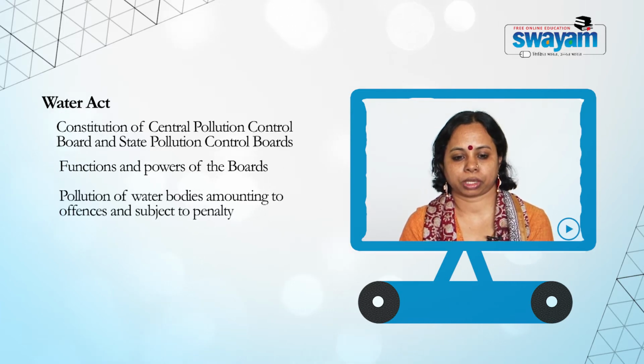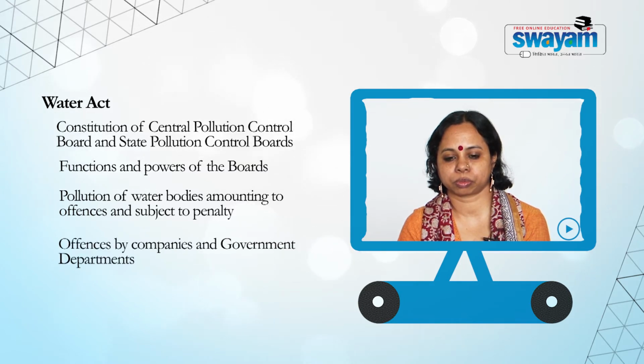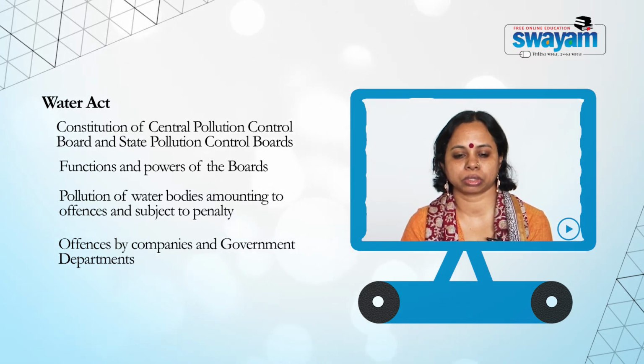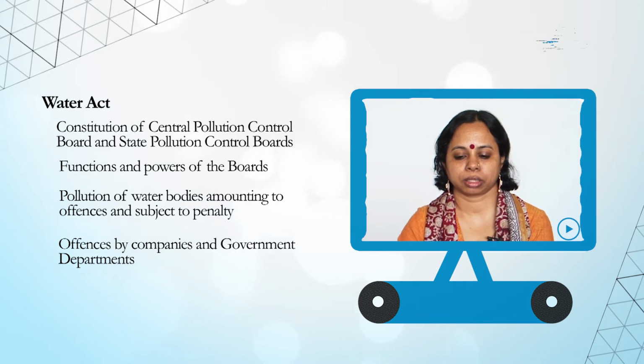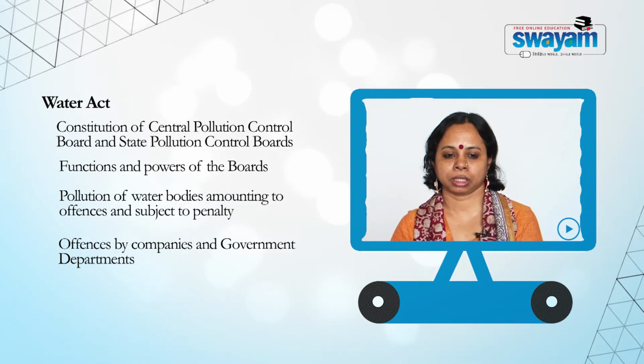Pollution of water bodies like streams is considered an offence under the criminal law, and accordingly penalty is suggested. There is a separate portion dealing with offences by companies and government departments. So, one can see that the Water Act also takes the criminal law route to regulate pollution. Accordingly, the penalties and offences are characterized.